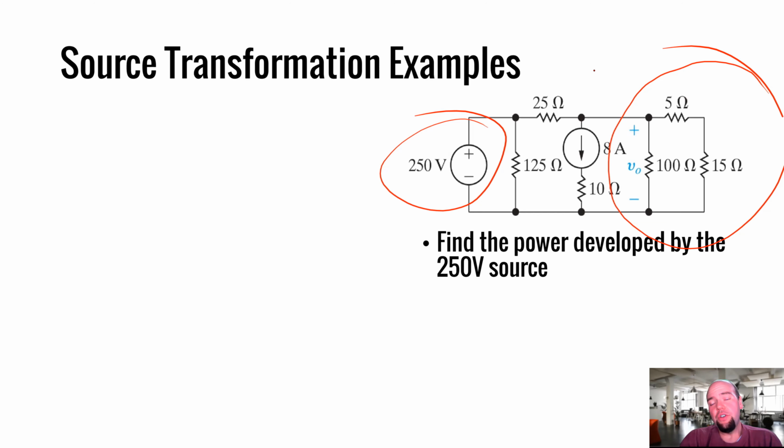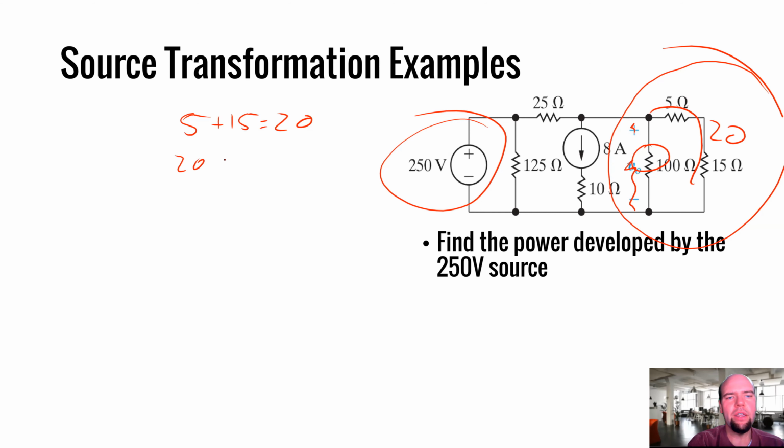So right now I have some resistors I can combine. Don't worry about V_O. I don't know why V_O is labeled here. Ignore that. So I can combine these resistors here. I have a 5 in series with a 15. Then that equivalent 20 is in parallel with this 100.